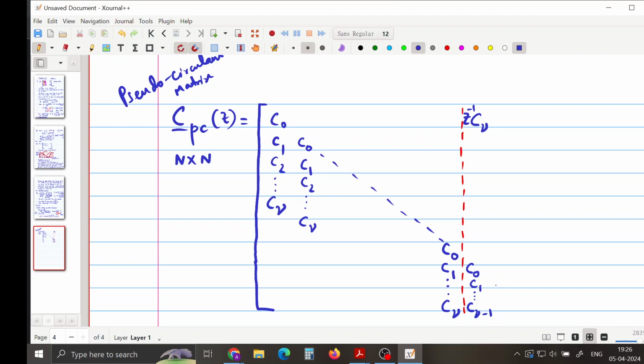Similarly, you can have the other terms also. So this will be C naught, so on till C mu minus 2. Now there will be two terms on the top. First is C mu minus 1 coming with a z inverse, then C mu. And you can repeat this till C naught appears at the bottom.